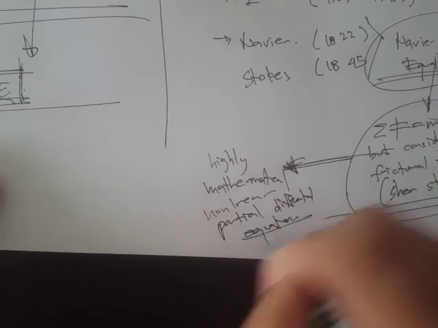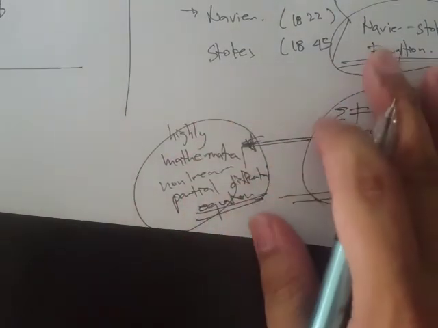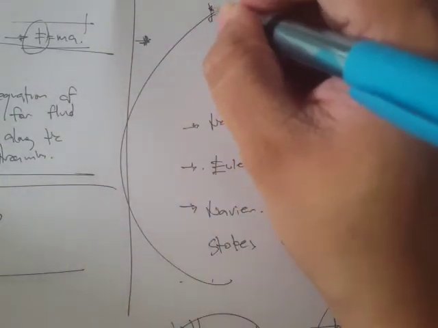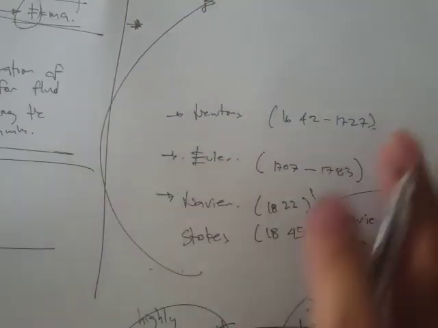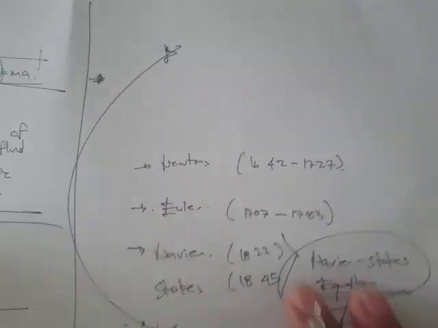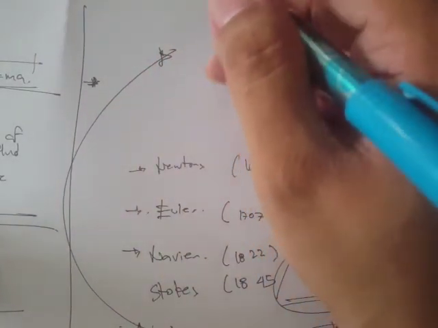So it has included the frictional forces, except that it is highly mathematical. Therefore, it poses constraints on the investigators, because that's really a constraint if it is highly mathematical.